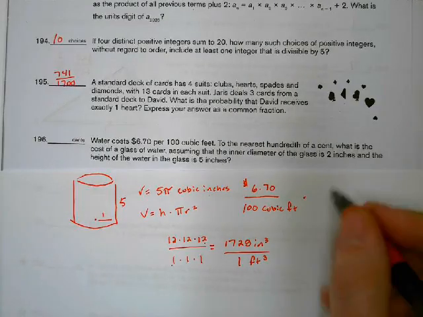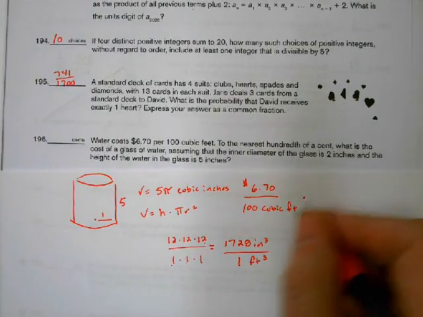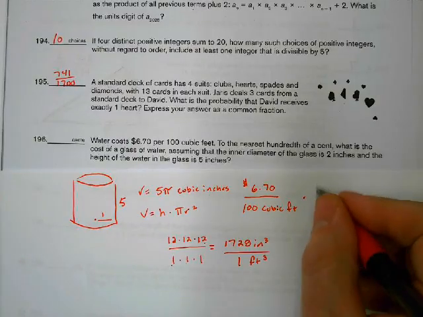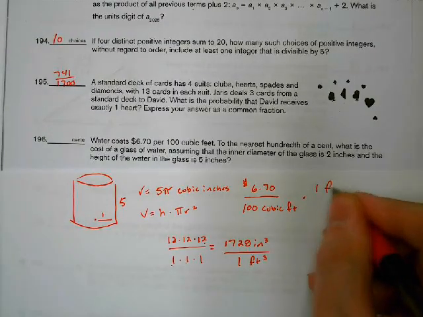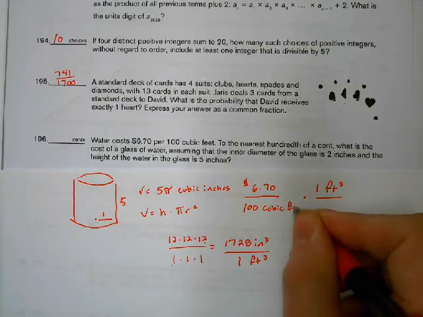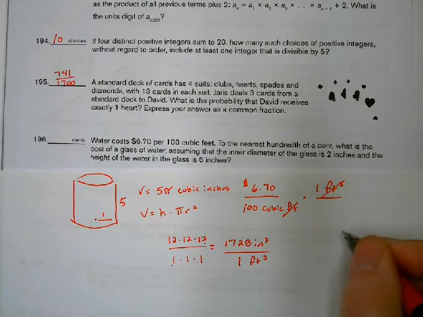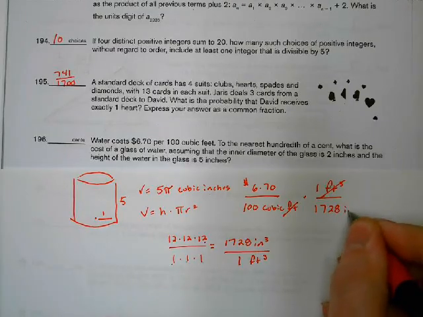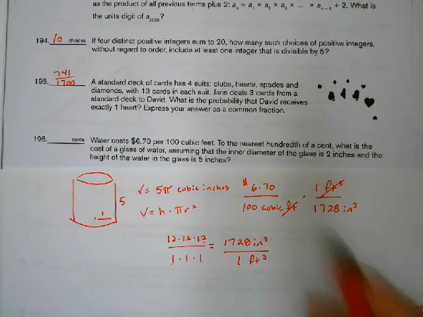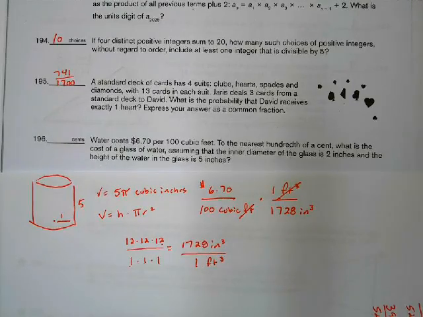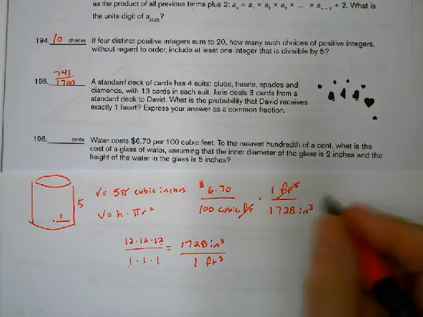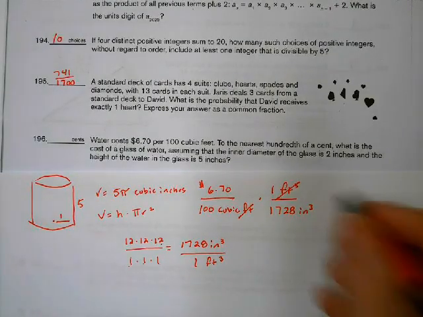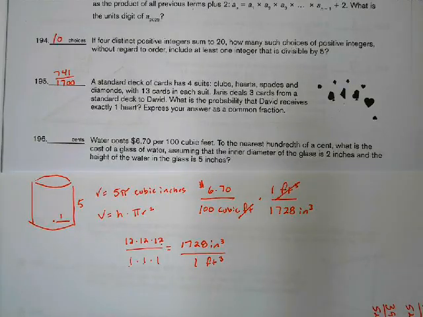I would put 1 cubic foot in the numerator. Now the feet cancel. Over 1,728 inches cubed. Now we're in dollars per cubic inch. We can actually just use the calculator at this point. So this answer would be in dollars per cubic inch. Oh, I forgot.